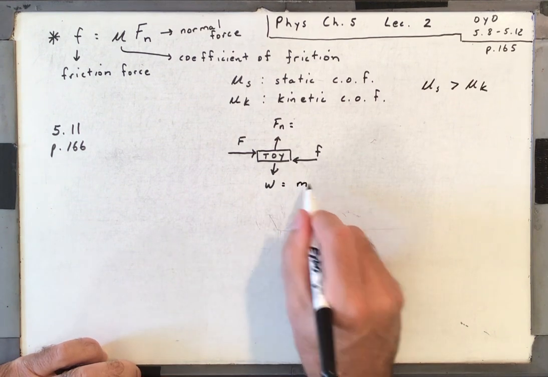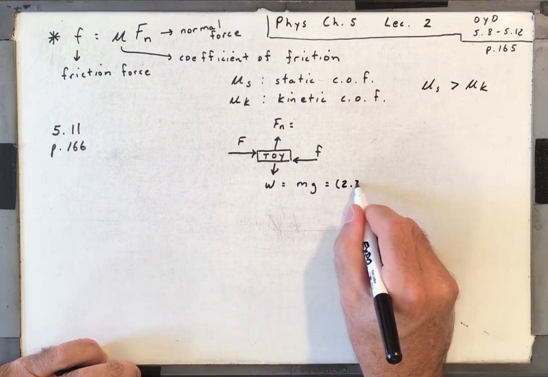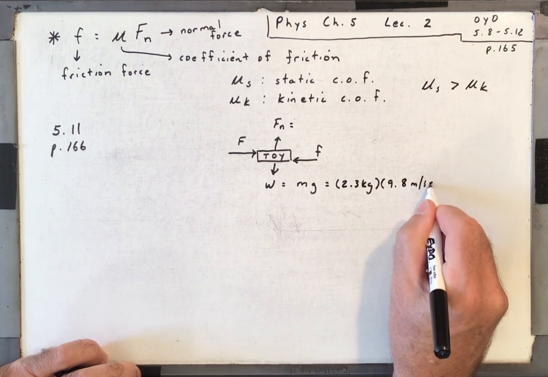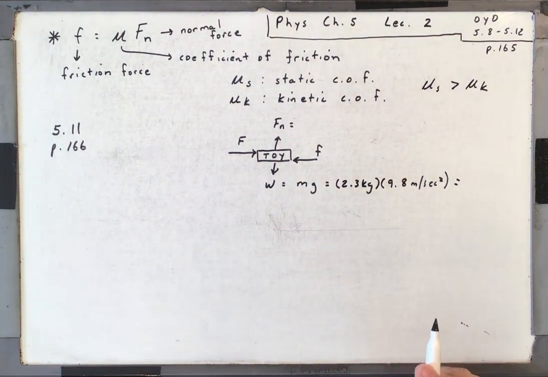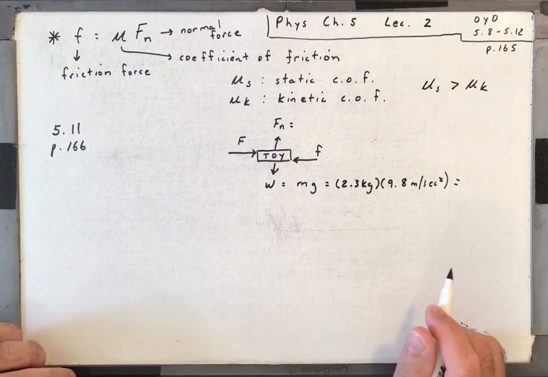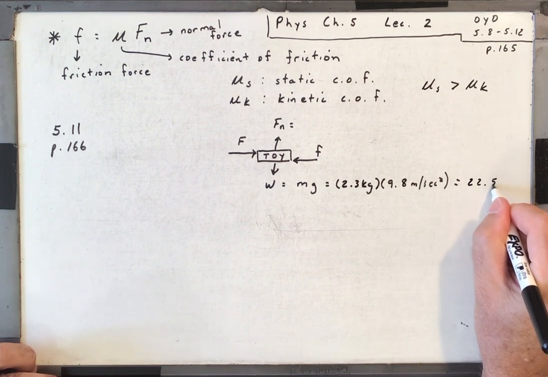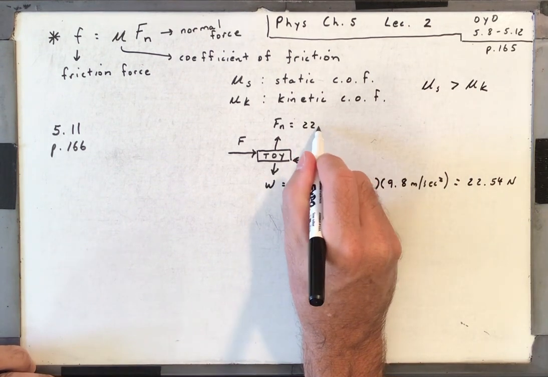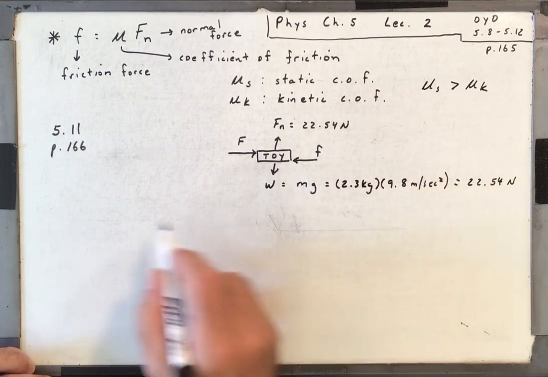Weight is mass times gravity, so that's 2.3 kilograms times 9.8 meters per second squared. So 2.3, it's going to be a little under 23. That is 22.54 newtons. So our normal force is also 22.54 newtons. Let's get the force of friction.